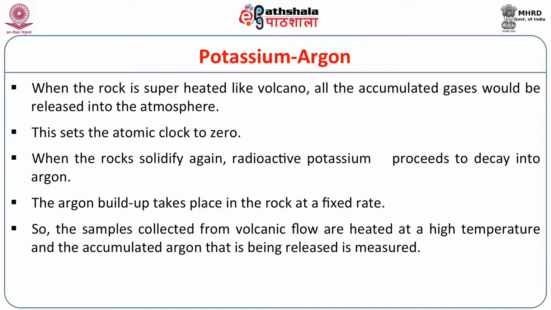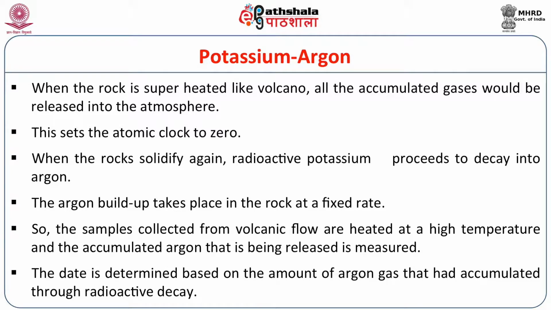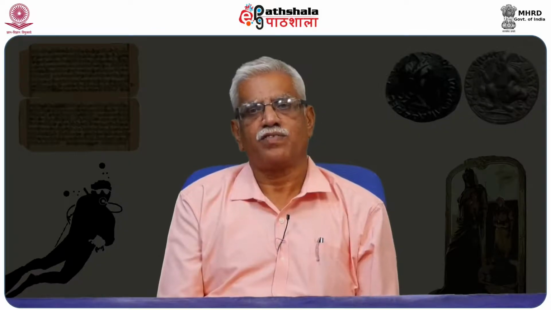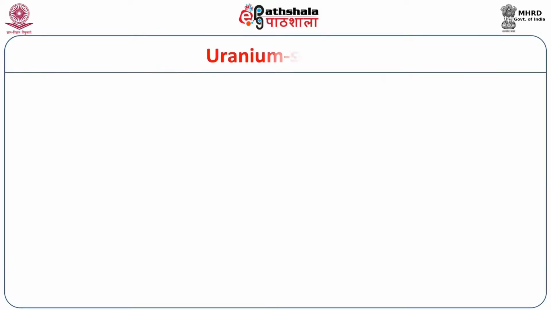So the samples collected from the volcanic flow are heated at a high temperature, and the accumulated argon that is released is measured. The date is determined based on the amount of argon gas that had accumulated through the radioactive decay of the potassium. This is called the potassium-argon method.